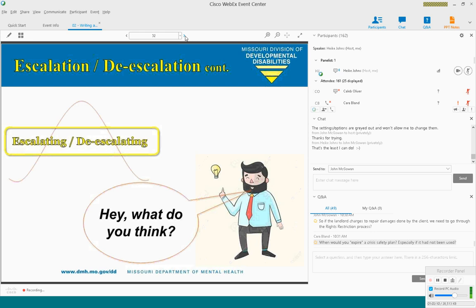So what would they prefer to happen in a challenging situation when they're upset? What would they prefer staff to do? What would they prefer staff to not do in a challenging situation? So we need to know what they want to have happen. We also need to know what they don't want to have happen.